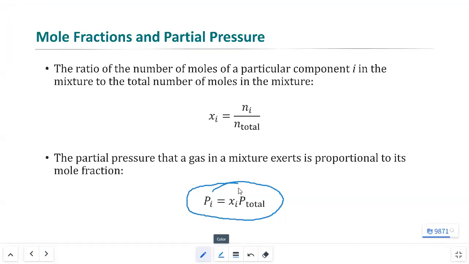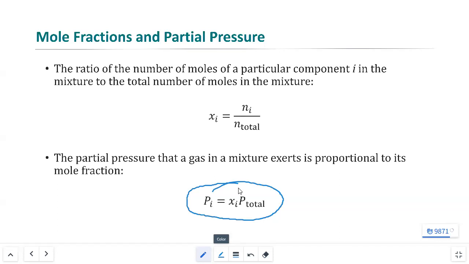Now, if that looks familiar to you, it's because basically Raoult's law is the same thing, only with solutions. And if you get into higher levels of chemistry, it gets really interesting, because what we will find is that the laws governing what's in the solution are going to be different from what's in the gas mixture above it.